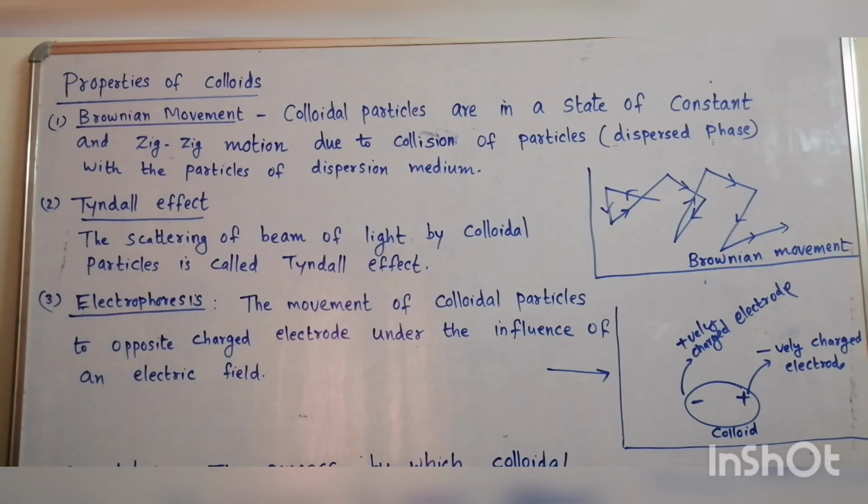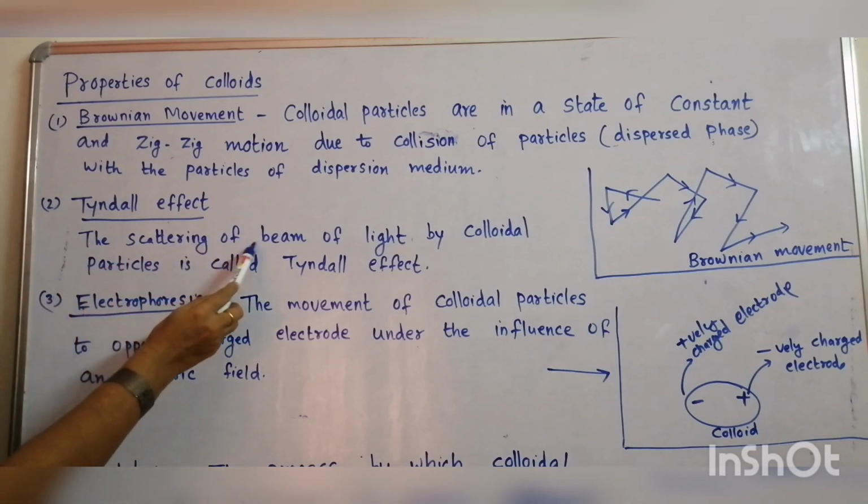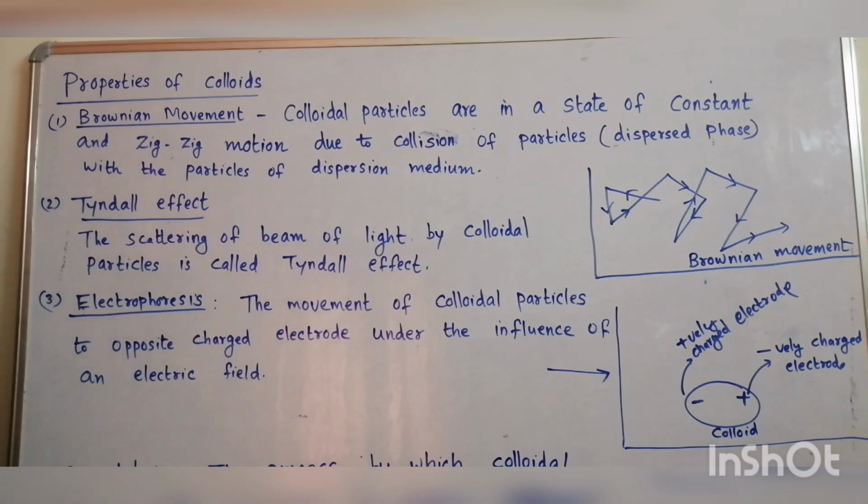Similarly, when a beam of light is passed through a colloid, the path of the light will be visible due to scattering of the beam of light by the colloidal particles. This special effect is called Tyndall effect.